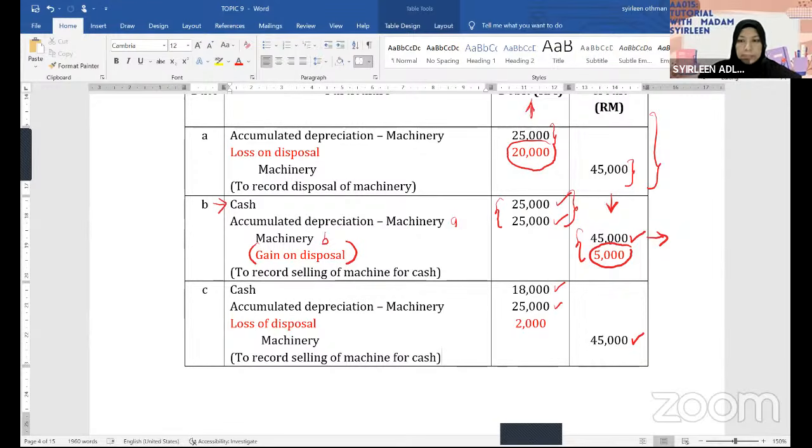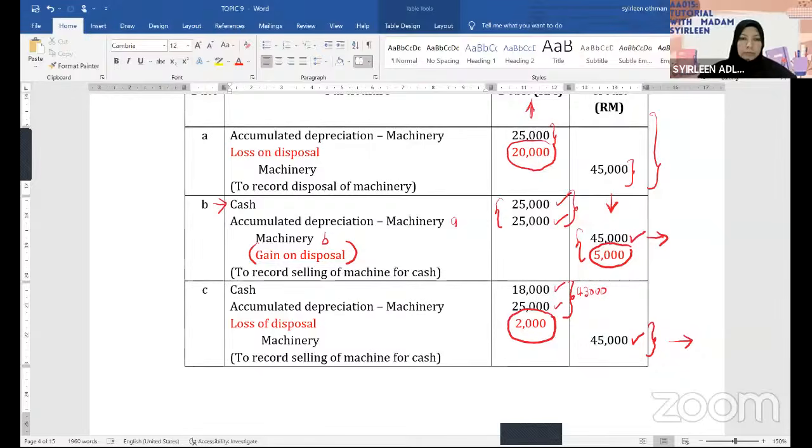Okay, so dekat sini sebelah debit dan sebelah credit you tak balance ya. Sebab dekat sebelah debit you have 43,000 ringgit, tapi dekat sebelah credit you ada 45,000 ringgit. So the amount that is missing is actually on the debit side, which is 2,000 ringgit.